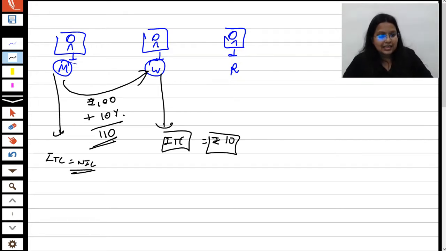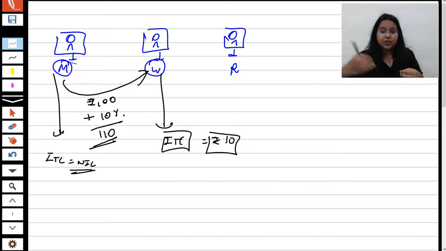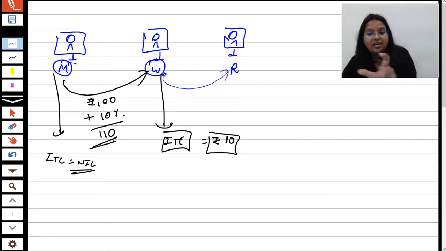Now in the next case, the wholesaler. For sure, if you are a wholesaler, you will take a product for rupees 100 and you will sell it to another person for rupees 100 only? No, this is not an NGO. Obviously if we are a businessman, we will charge a profit, we will add value on that product. Now I am assuming that this wholesaler is selling that product to the retailer for rupees 120.